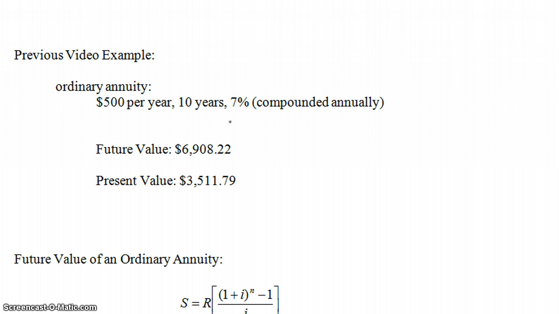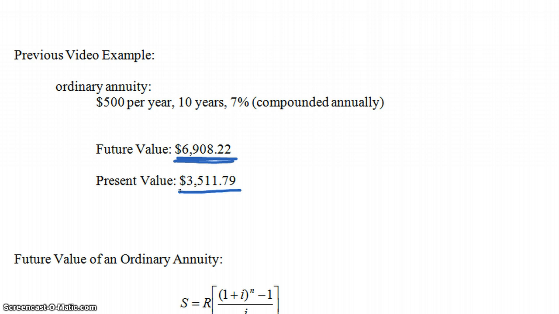The question is though, if we wanted to have this future value of $6,908.22 without having done this annuity, if we wanted to just figure out how much we would need to put into an account right now at the very beginning of the 10 years, in order that 10 years later you end up with this amount, how much would you have to put in?